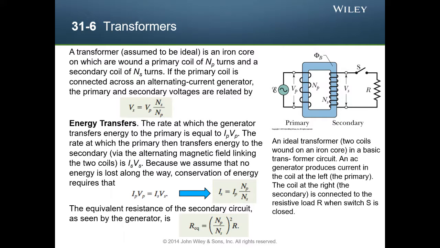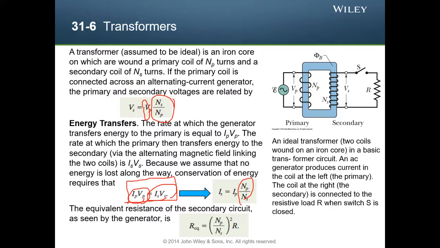And this is the transformer. So it will amplify the voltage. This term is NS over NP, but here it is NP over NS. Which means that the power at the primary and the secondary are the same.